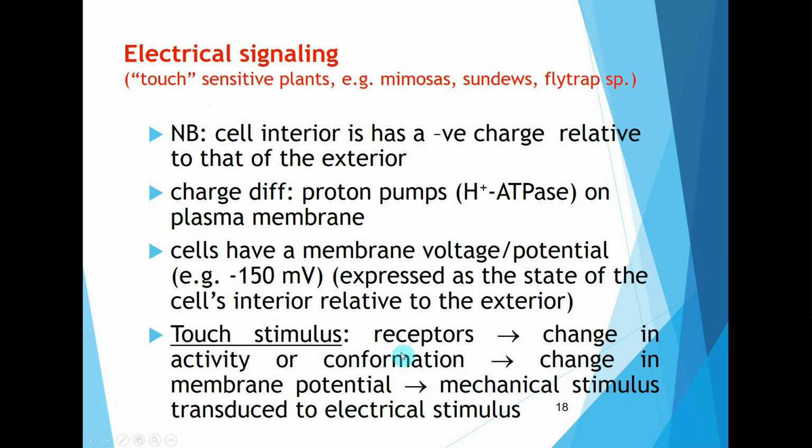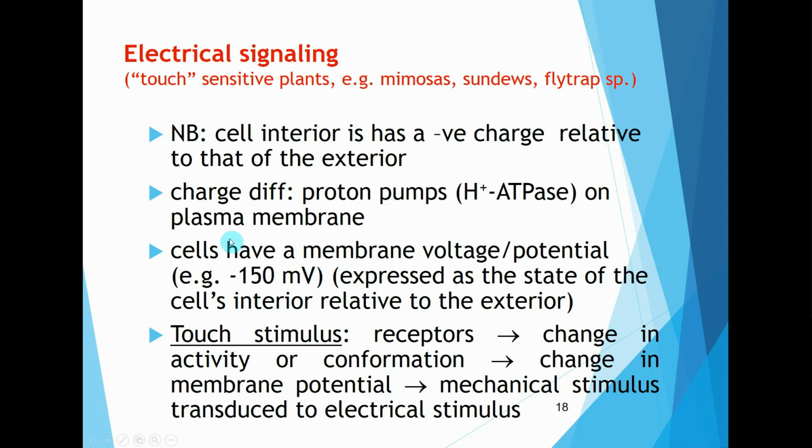And then we have a stimulus coming and touching. The receptors read that, those signal specific. It changes it. Remember, it transduces from one energy to another energy. So it changes it from a mechanical to an electrical stimulus. And this is because the hydrogen ions will be pumped through quickly, and it will quickly change that voltage.